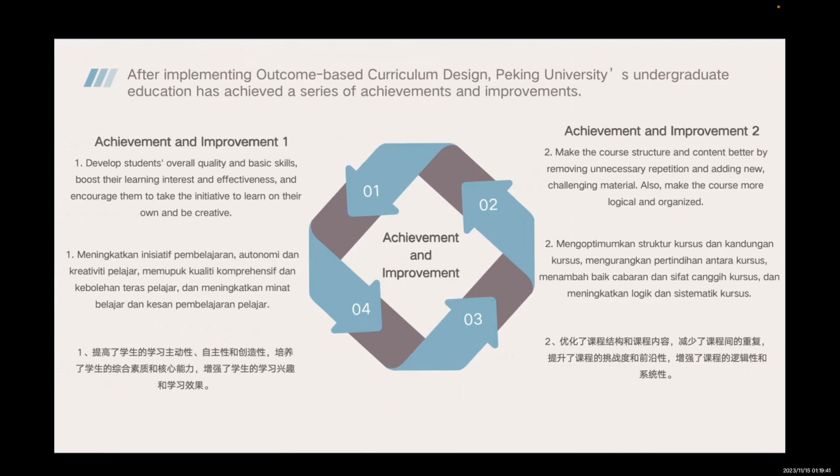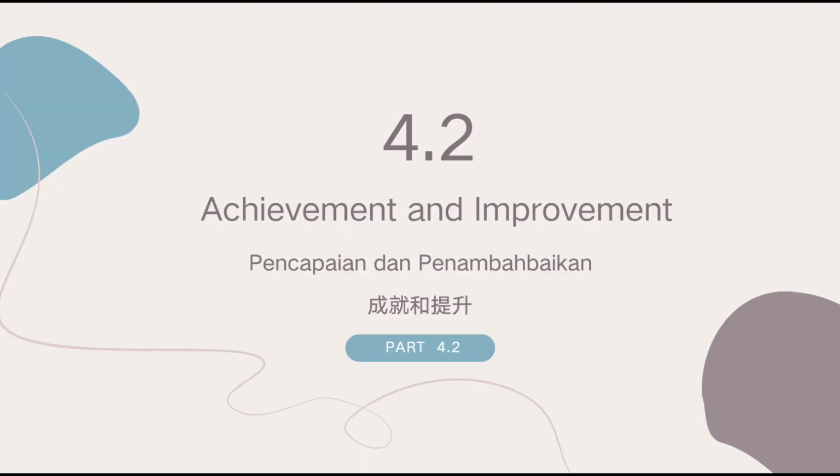Number one, develop students' overall quality and basic skills, boost their learning interest and effectiveness, and encourage them to take the initiative to learn on their own and be creative. Number two, make the course structure and content better by removing unnecessary repetition and adding new challenging material. Also make the course more logical and organized.